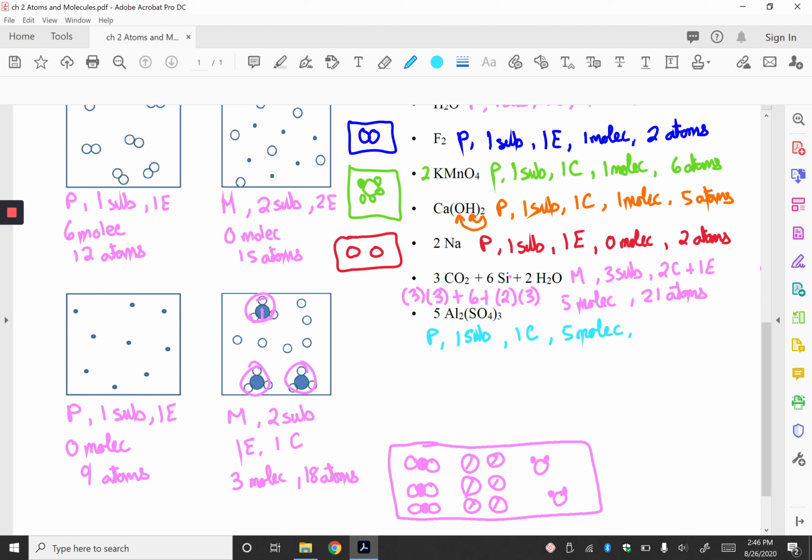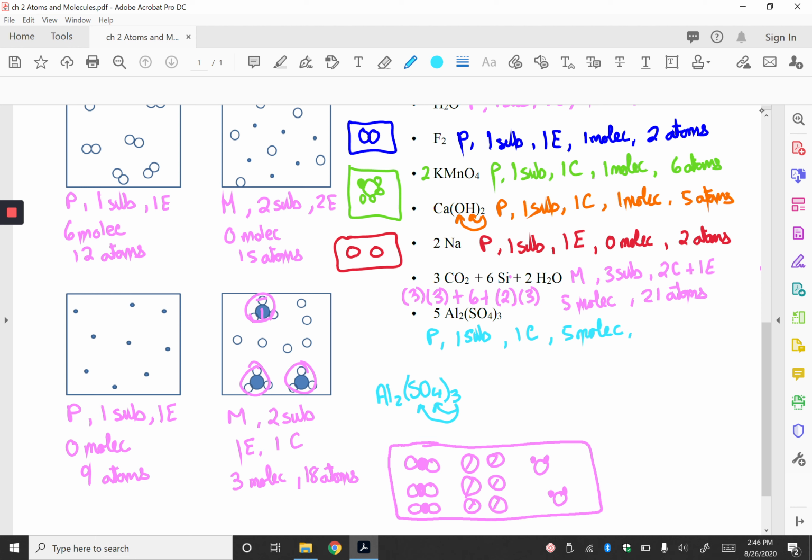But then how many atoms? So let's see. Al2(SO4)3. Let me write it here again. I'm just going to write one of them. Okay, so that 3 distributes, right? It goes here and it goes here, just like in math. So each of these molecules, there's 5 of them, right?